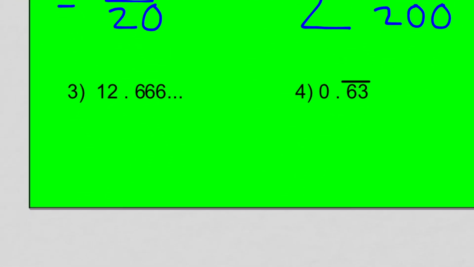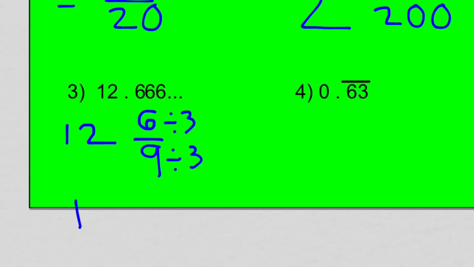But then repeating decimals, very similar, but now we have 12 wholes. In this case, we have a single digit that's repeating over and over again, so we put the 6 on top. And since it's 1 repeating digit, we put 1 single 9 on the bottom. Then we reduce to lowest terms by dividing by 3, and we get 12 and 2/3.